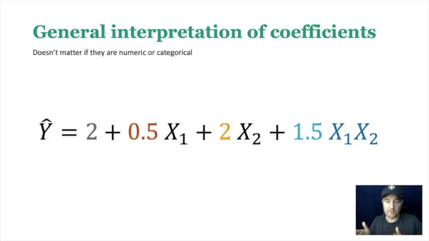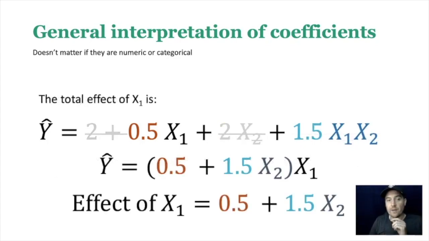Again, if we come back to this full model output, to understand the effect of x1 as a whole, we need to find all the places where x1 is in this equation. It's not in that first number, 2, plus 0.5 x1. Okay, we have that one, so we want to hold on to 0.5 x1. The next thing, plus 2 x2, there's no x1 there, so we can drop that. And then this last one, 1.5 x1 x2, there is an x1 there, so we're going to hold on to that.